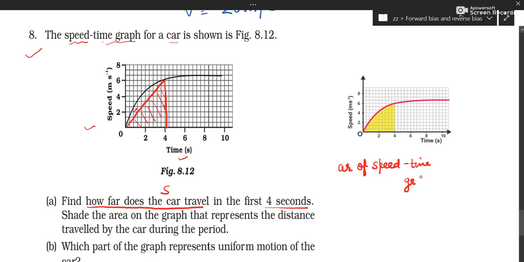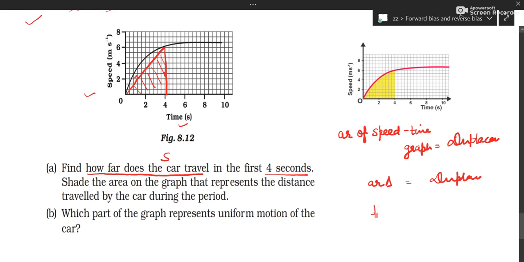Slope gives acceleration and area gives displacement or distance. So we can consider it as a triangle. So we can find out the distance or displacement. That is half base into perpendicular is displacement.